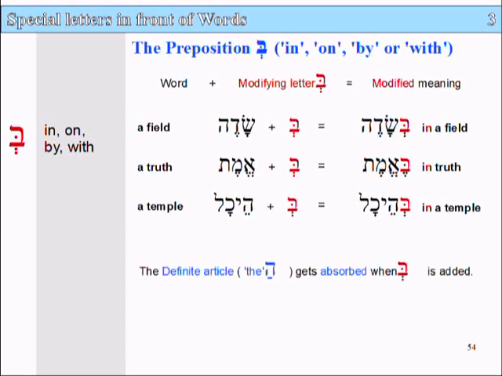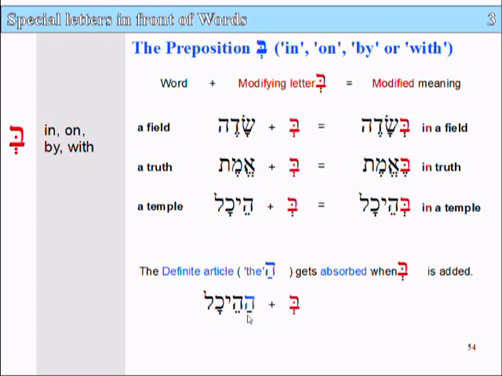Now, if the word has the definite article, that is hay in front of the word, and we want to add a bet in front of that to say in the whatever the word is, then the hay gets absorbed. For example, as we saw above, the word for temple is heychal.